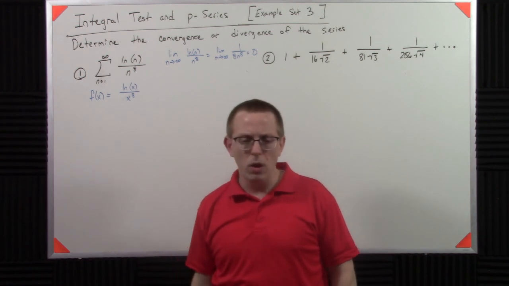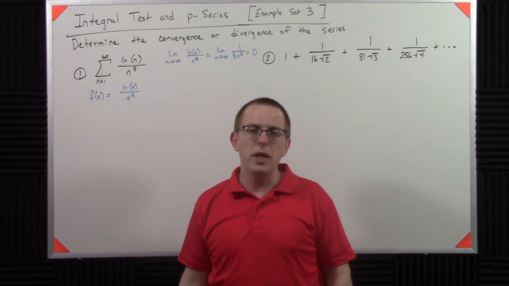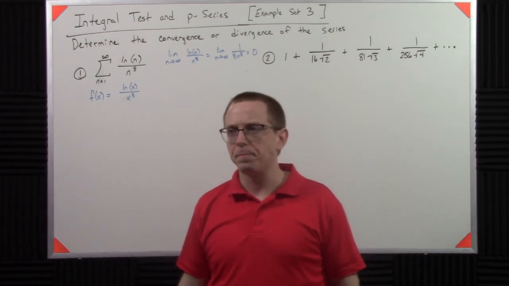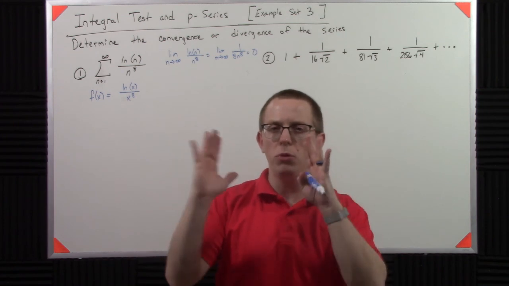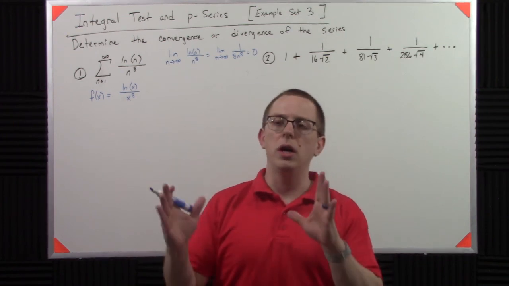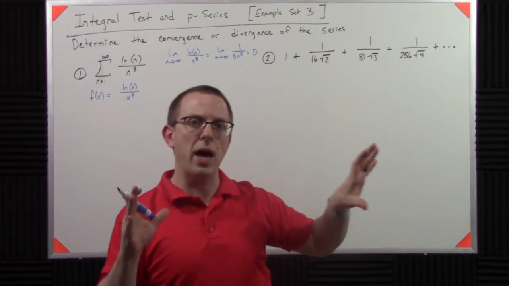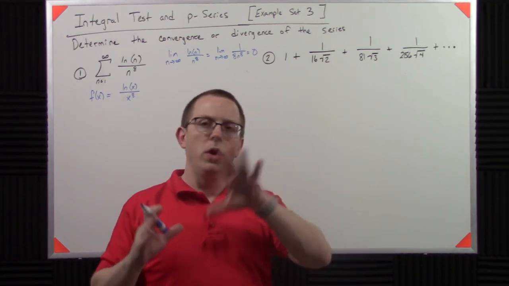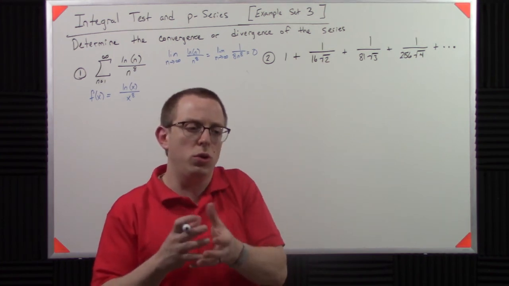Why does that matter? Well, it matters because in the integral test, you're taking this thing out to infinity. And so the things that happen in the short term don't really matter, because you can have a lot of wonky behavior, but we're playing the long game here, right? So the swings that may happen, those are just round off errors.